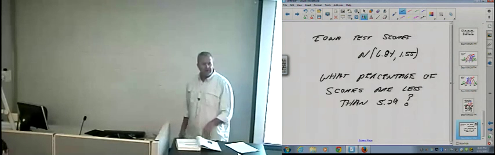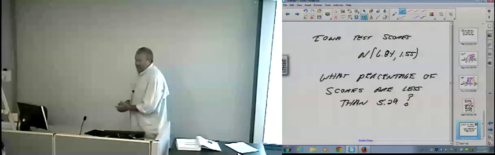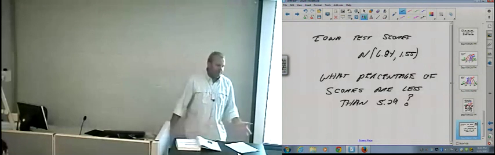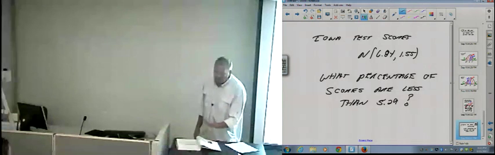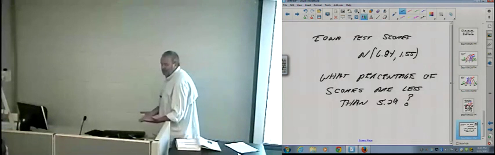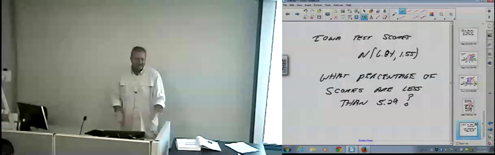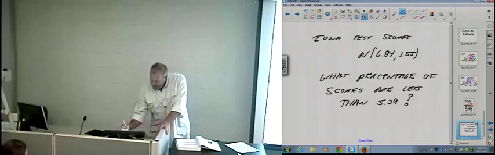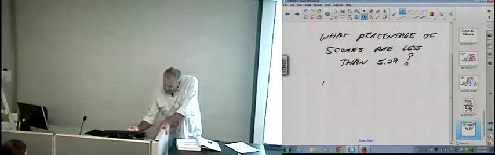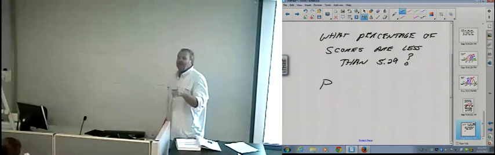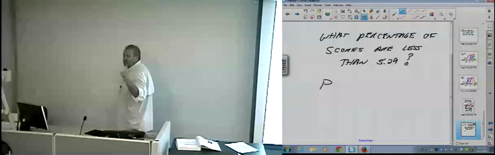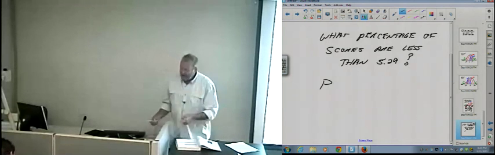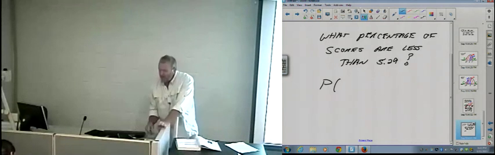Now, here's the first thing I do. You're going to see me do this today, and then on Tuesday, we're not even near being done with this chapter. We're going to work some problems, and I like to take the questions and turn them into symbols. I always use big capital P if somebody's talking about area under the curve, proportion under the curve, or percentage under the curve. And I always like to write out what that question is.